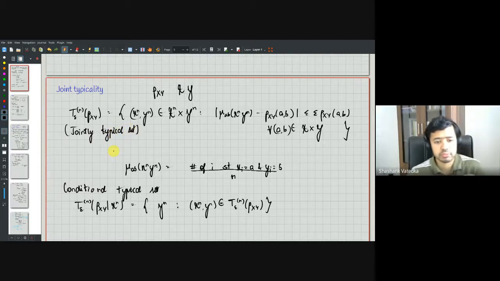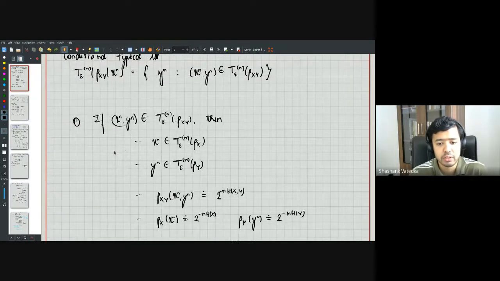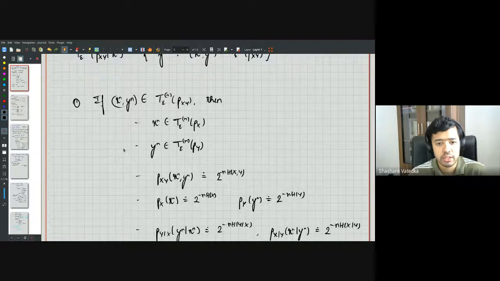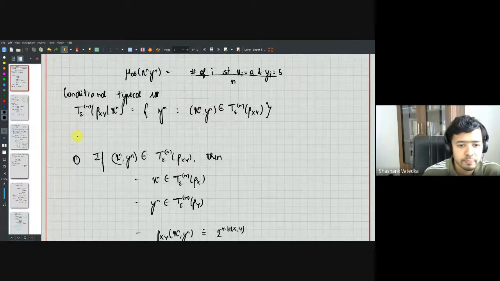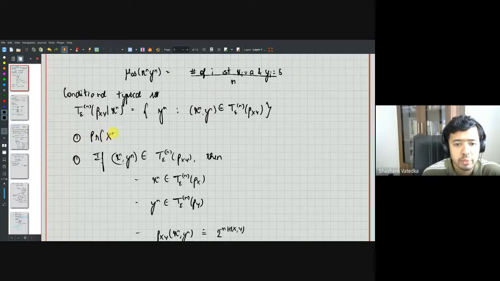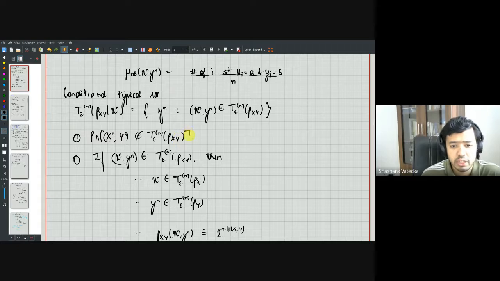In the previous class, we saw some properties of jointly typical sets. In particular, we saw that the jointly typical set is a high probability set. The probability that a random pair of sequences distributed IID according to P_XY is not in the jointly typical set is exponentially decaying in n.